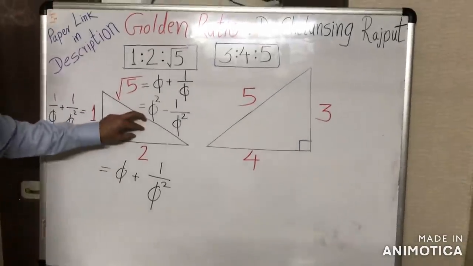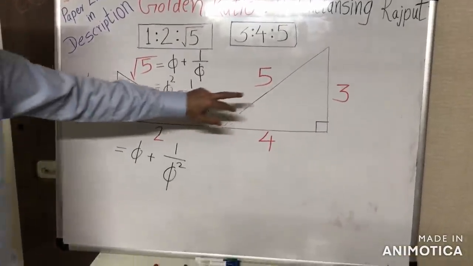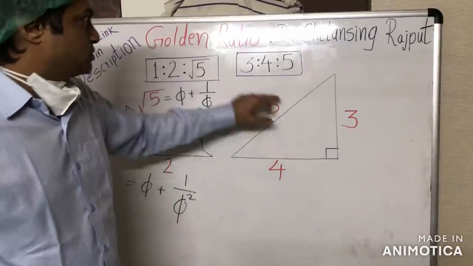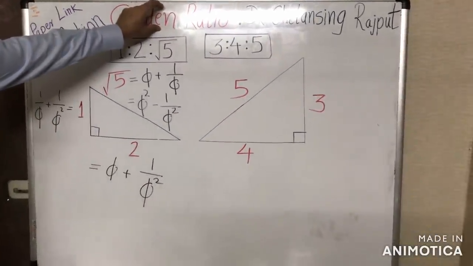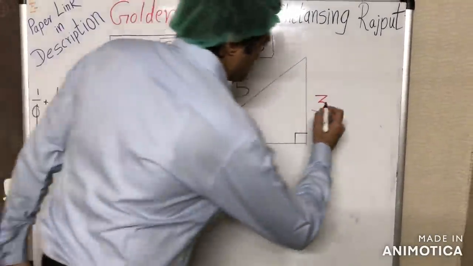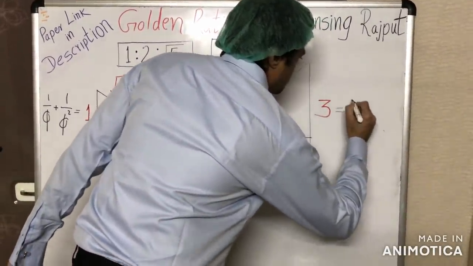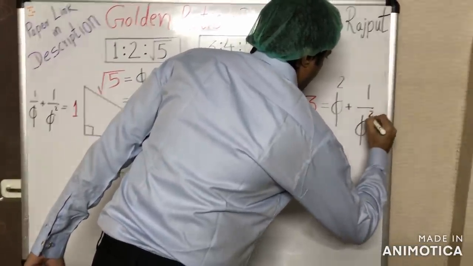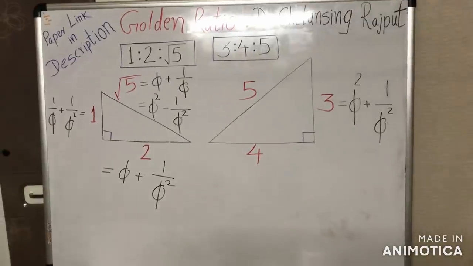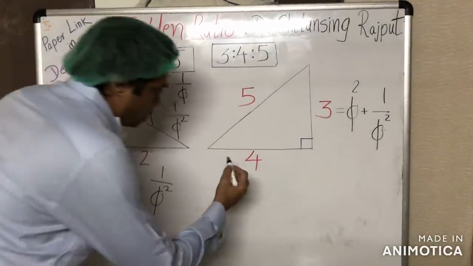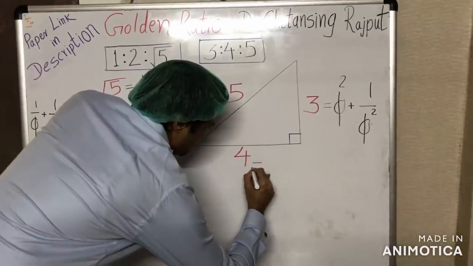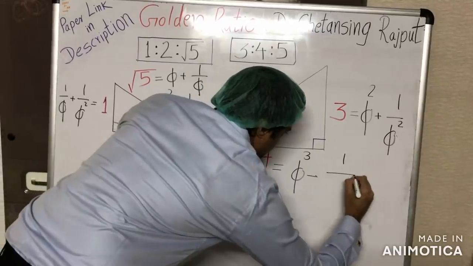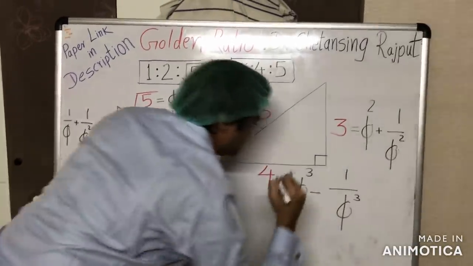And just like the 1, 2, root 5 triangle, the sides of the 3, 4, 5 Pythagorean triple can also be expressed in precise terms of the golden ratio. Like this side 3 is precisely equal to phi square plus 1 upon phi square. Okay. This side, the longer cathetus 4, is also precisely equal to phi cube minus the inverse of phi cube.